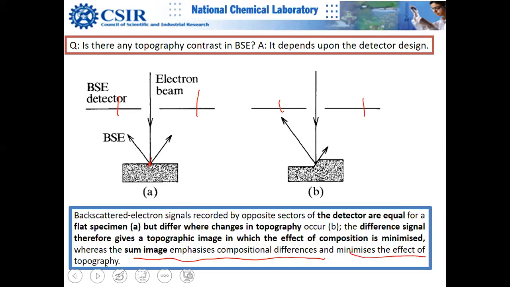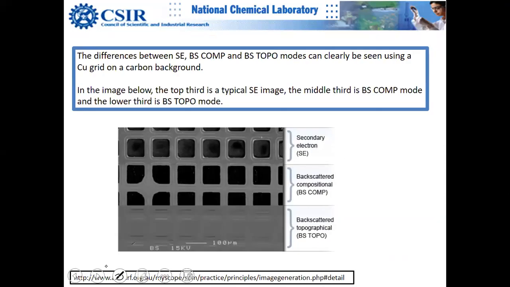You take a sum of that, and it is described here that you can use backscattered electrons in the compositional mode, BS comp, or topographical mode.